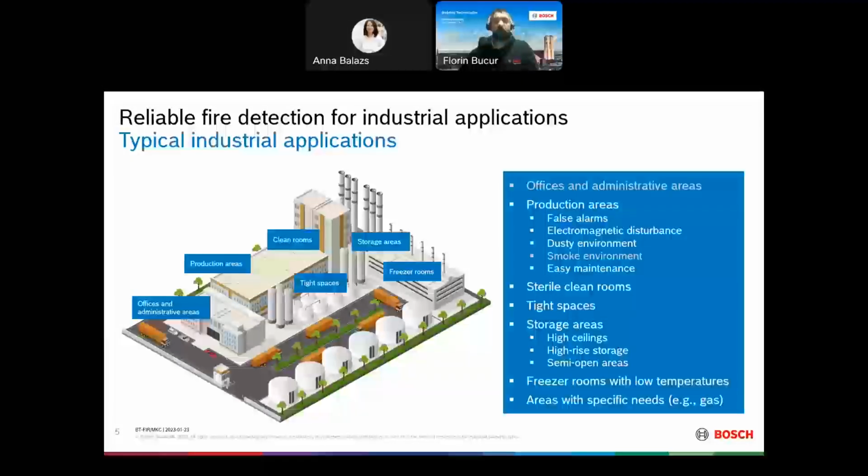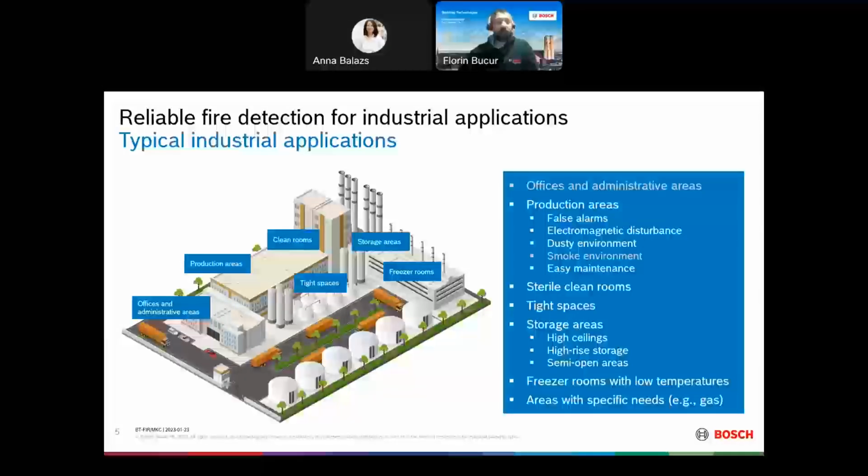Storage areas have various challenges like high ceilings, high-rise storage, or even semi-outdoor areas. We can have freezer rooms with very low temperatures, and we can have very particular needs of a certain area, for example gases in some processes where we want to detect if there's a leak, and so on.